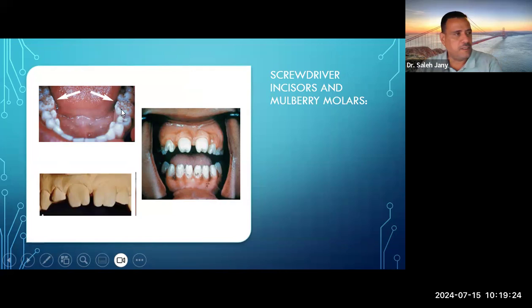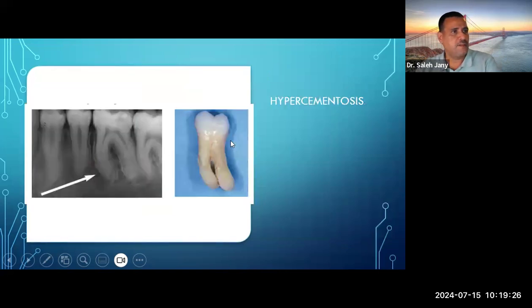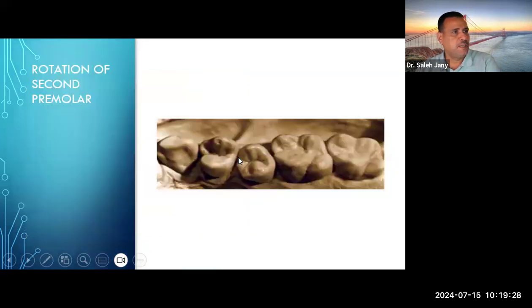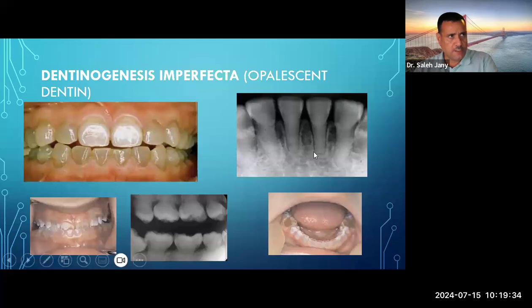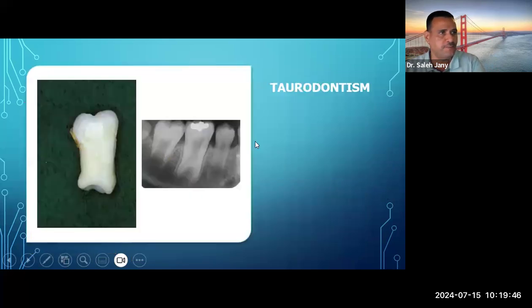The molar will be like blueberry teeth. This is hypercementosis, rotation of teeth, ectodermal dysplasia. There's a disease that can affect the enamel. Dentinogenesis imperfecta. Sometimes even osteogenesis imperfecta is a disease that also affects the dentin. We have abnormal dentin. The enamel would be chipped away.